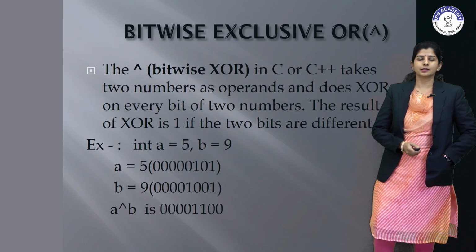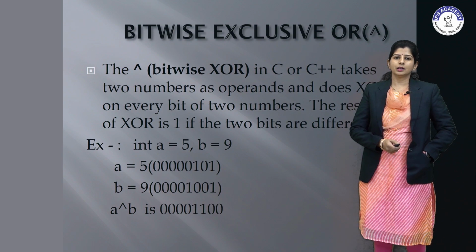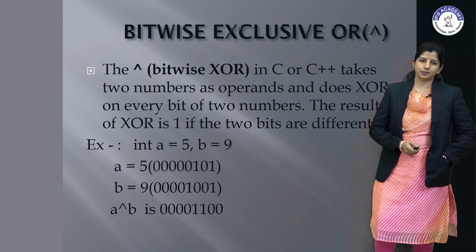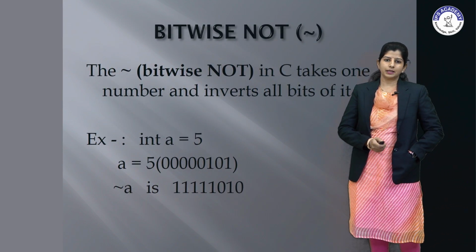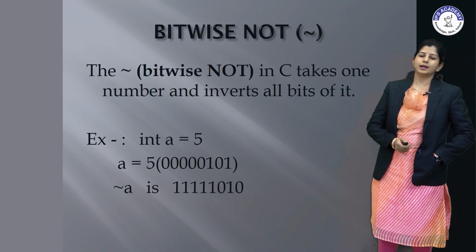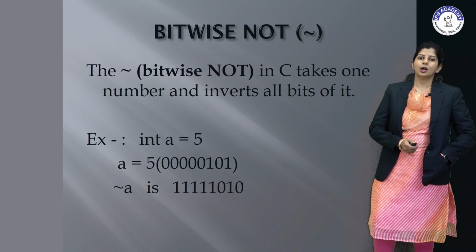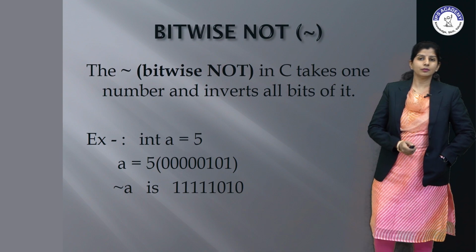It is called the exclusive bitwise OR operator, and we use it many times to perform bitwise operations. Now, the next one is the bitwise NOT operator. How does it work? The bitwise NOT in C takes a number and inverts all bits of it, meaning it puts it in the reverse form.